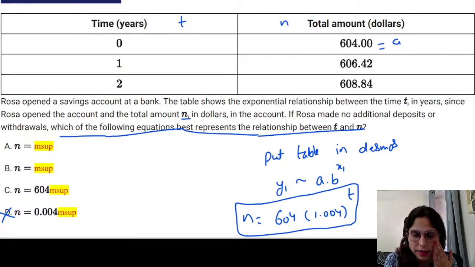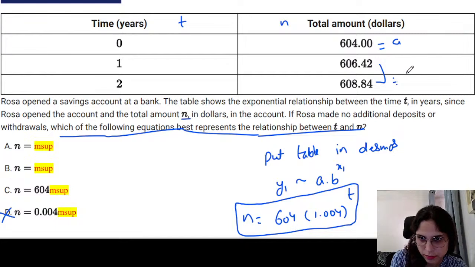Value of a is directly 604. And how can you get the value of b directly? By just dividing them, because b is the factor. So you can also get b with 606.42 divided by 604.00.